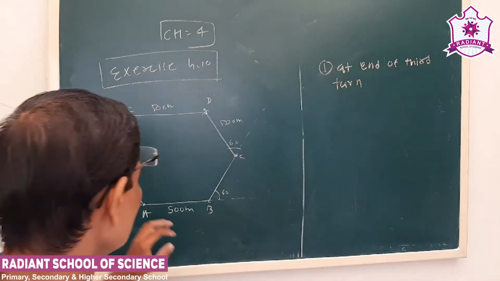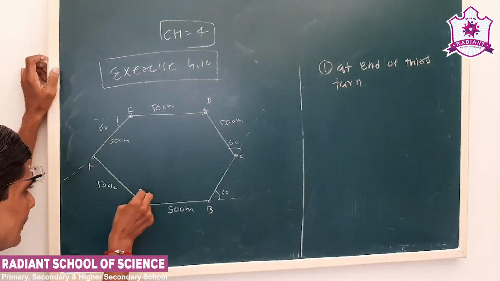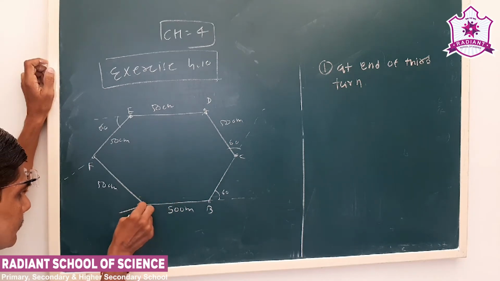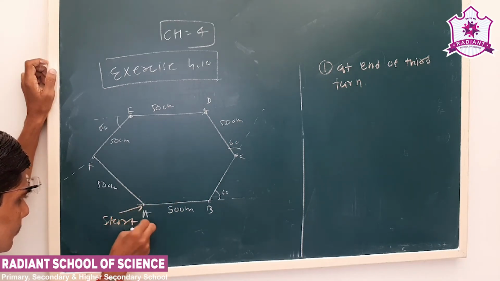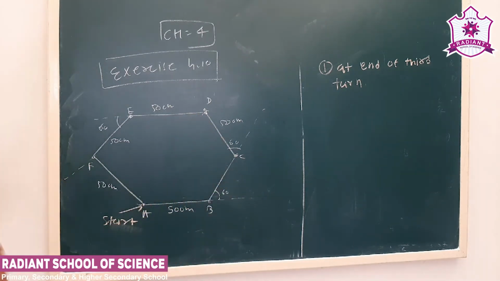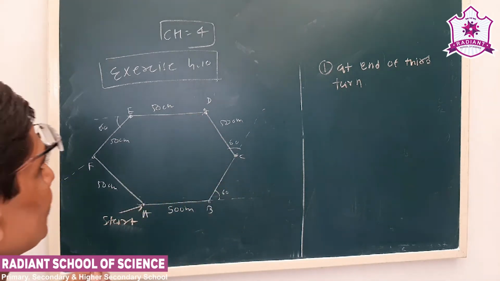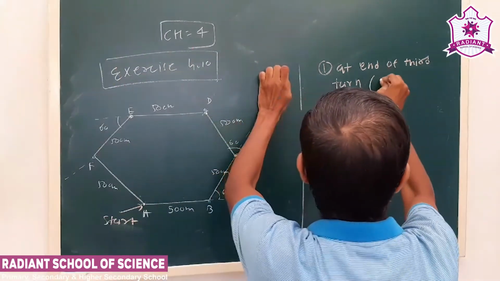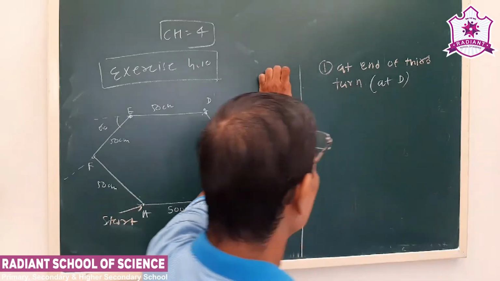Now this is starting from A. This is the start point, we can say. Now first turn, second turn and third. At the end of the third turn, the position will be D. Now what you have to calculate?